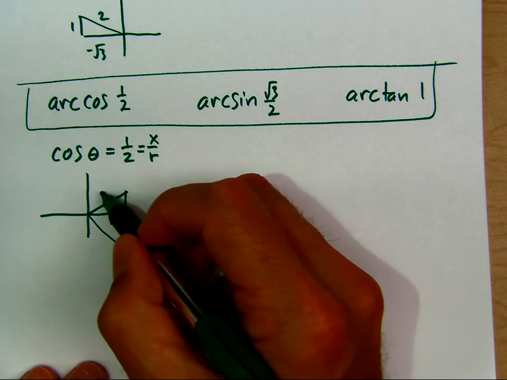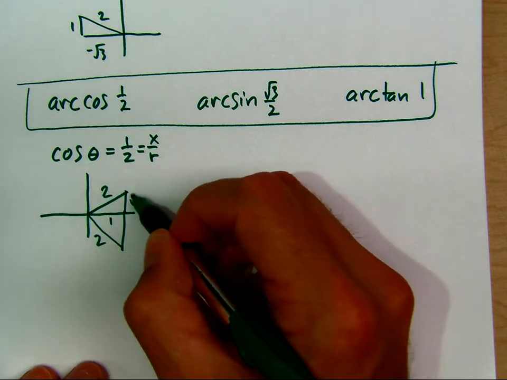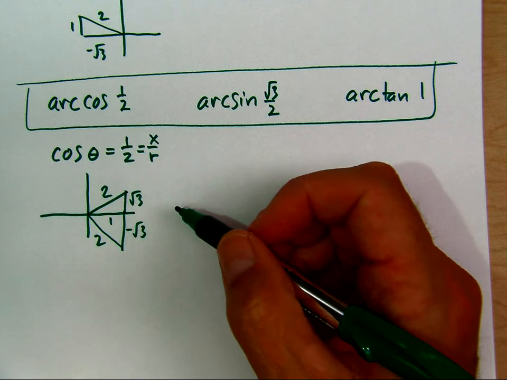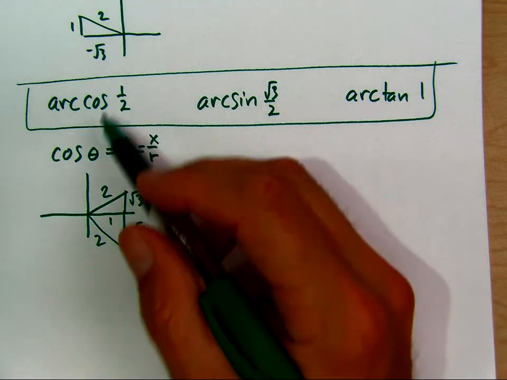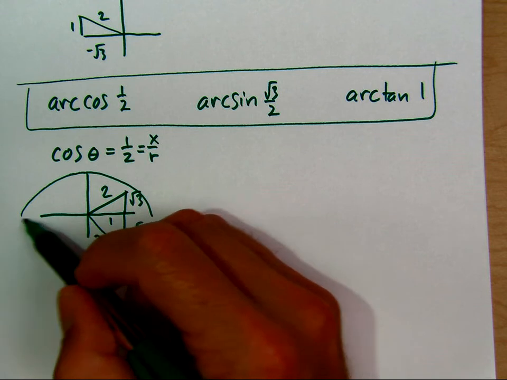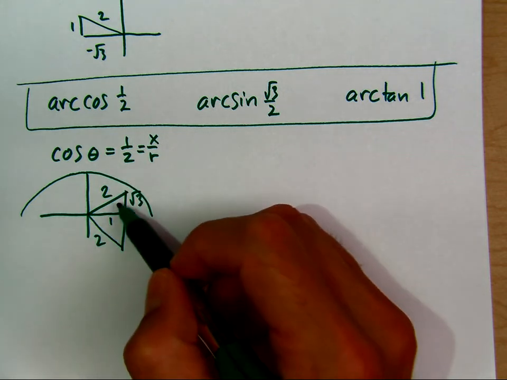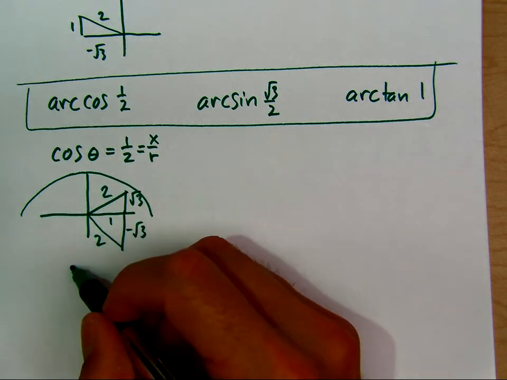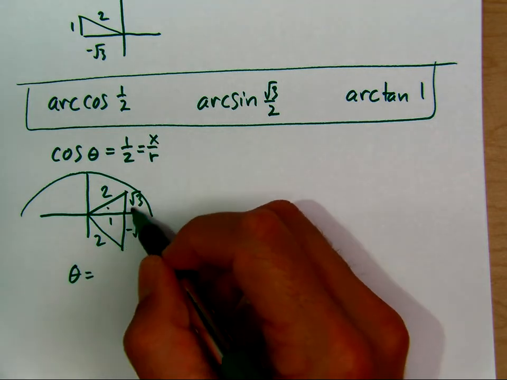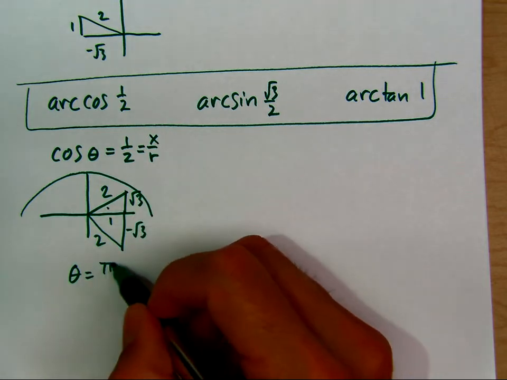X is 1, radius is 2, and that must be the radical 3. But inverse cosine can only have values from 0 to pi. So that means we must take this one, not that one. And we'll say that theta is this angle, and that's opposite of radical 3, so it's pi over 3.